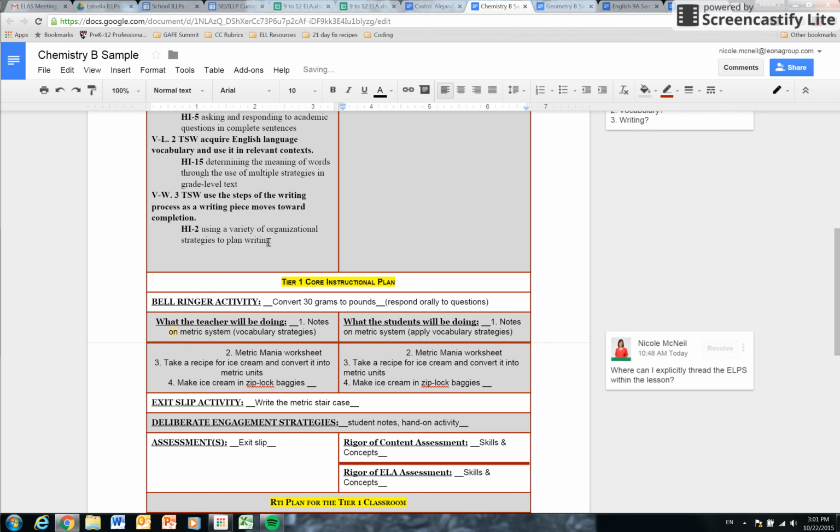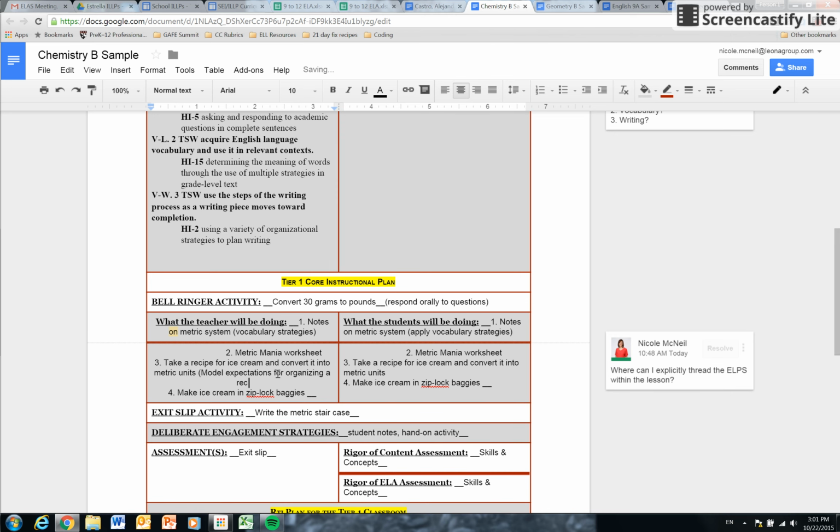Okay. Now the last thing I need to do is help students organize their writing. So I'm going to model expectations for organizing. Notice I'm using the keywords a recipe. And then students will follow steps for organizing a recipe.